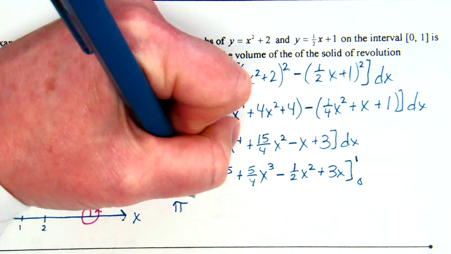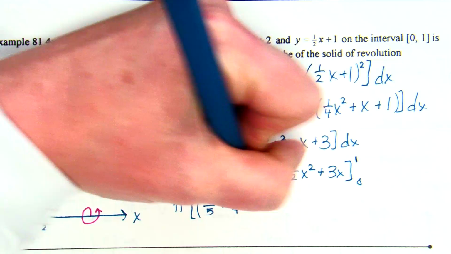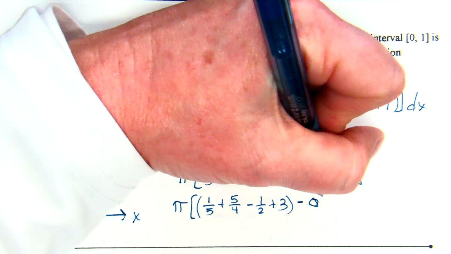We plug in 1: 1/5 plus 5/4 minus 1/2 plus 3. You need to at least process, is the other part going to matter? But when you put in 0 for all of them, it's not going to matter. What would be a common denominator here? 5, 4, and 2 all go into 20.